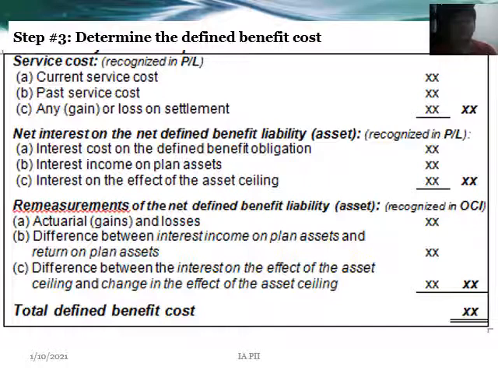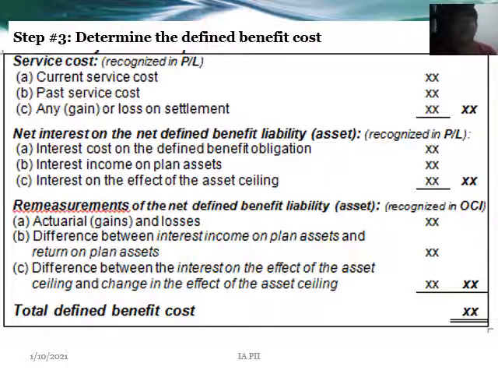So, the total defined benefit cost is composed of 3: the service costs, net interest on the net defined benefit liability or asset, and remeasurements of the net defined benefit liability or asset. Please take note that the service cost and the net interest on the net defined benefit liability or asset are both recognized in the profit and loss statement.